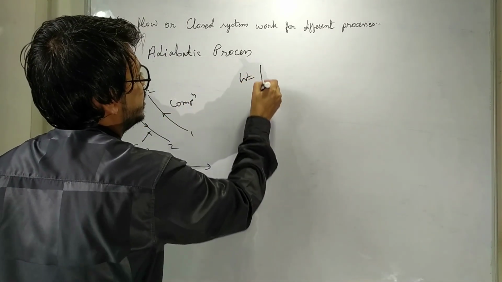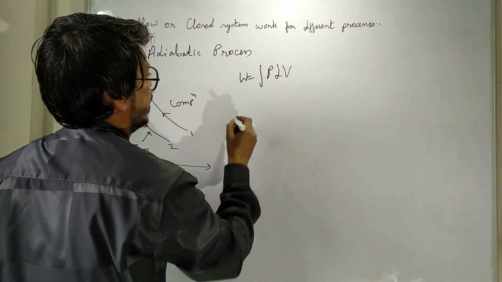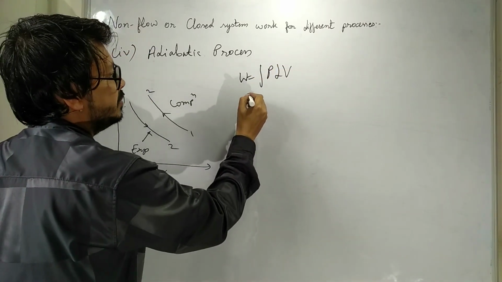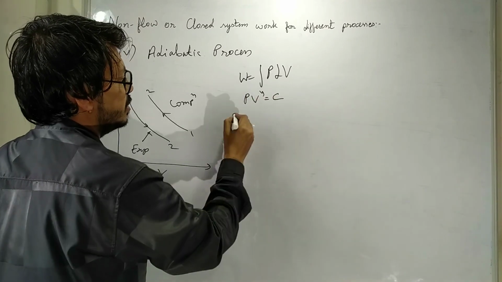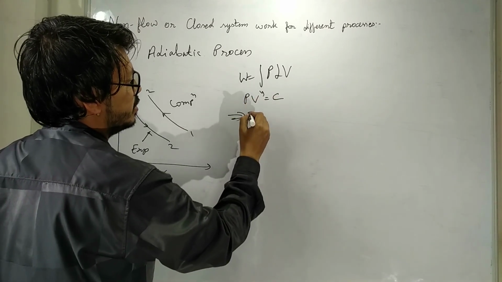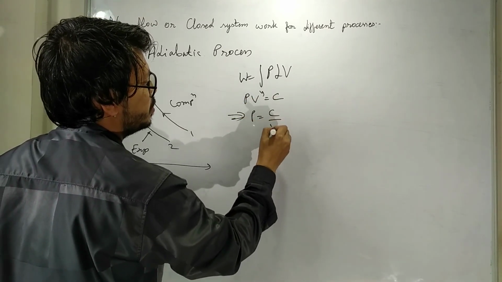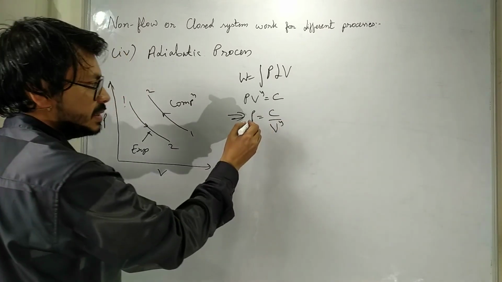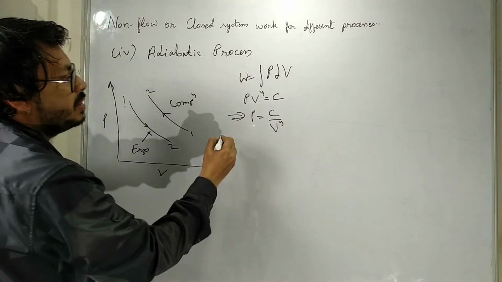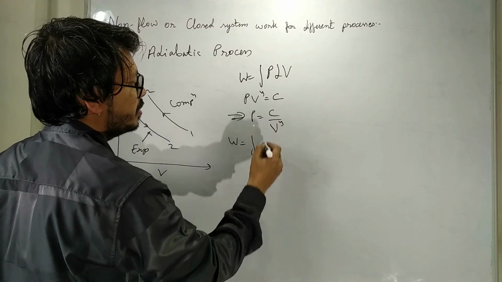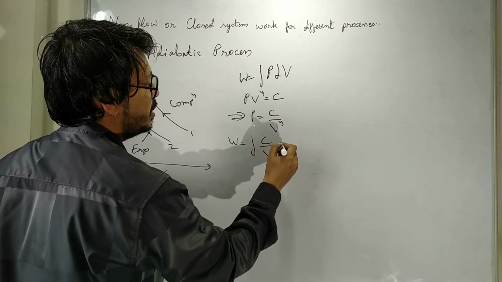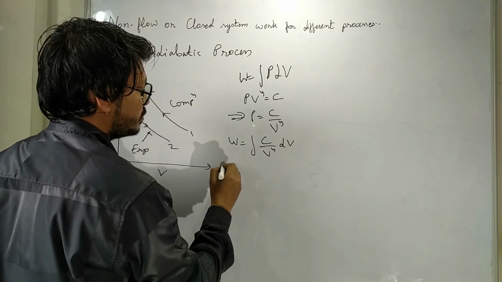W is equal to integration of P dV, and for a reversible adiabatic process PV to the power gamma equals constant. We can write P is equal to C by V to the power gamma. If we substitute the value of P, we will get W is equal to integration of C by V to the power gamma into dV.